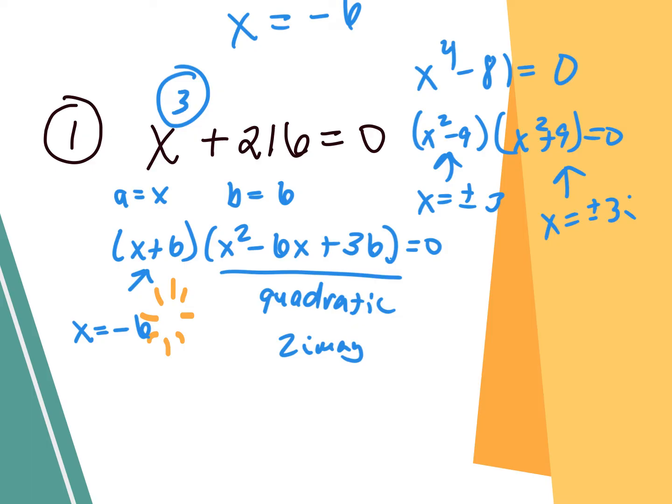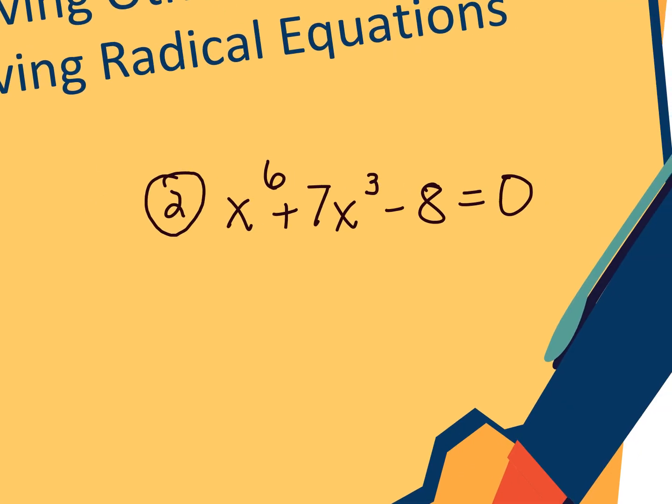The highest exponent tells you how many answers you have. You have to remember that, guys. Same thing on this one. What's the highest exponent you see? 6. There's 6 answers to this question. You can factor this. What times what gives you x to the 6th? X cubed and x cubed.